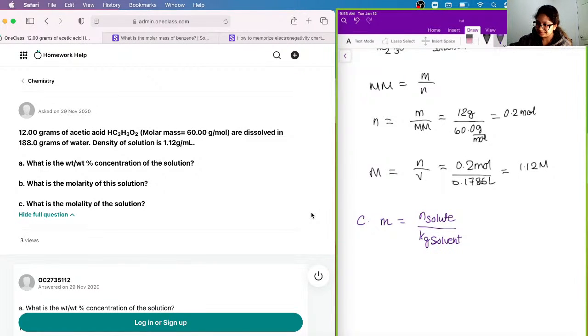And what we can say, we can basically substitute 0.2 moles over the mass in kilograms of the solution, which is also 0.2.